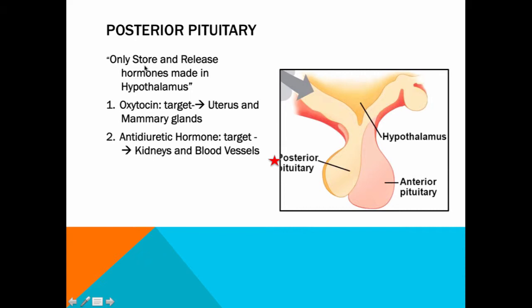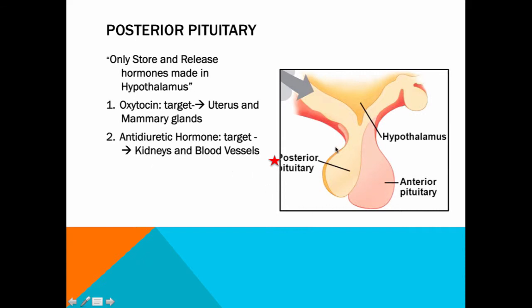So the posterior pituitary only stores and releases hormones that are made in the hypothalamus. And those hormones, like we said, are oxytocin, whose target tissue is the uterus and mammary glands, and then the antidiuretic hormone, whose target tissue is the kidneys and blood vessels.